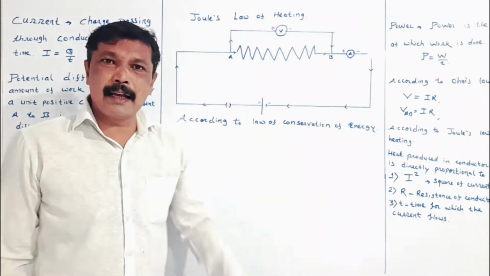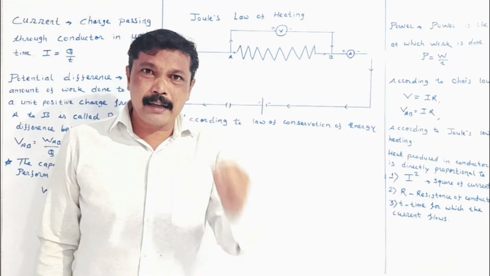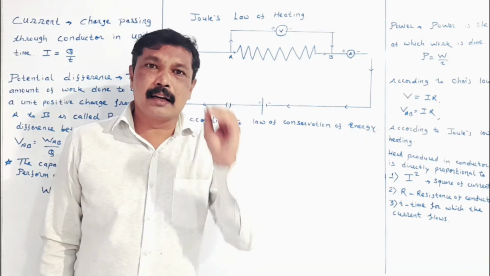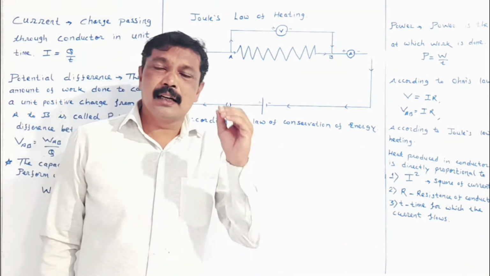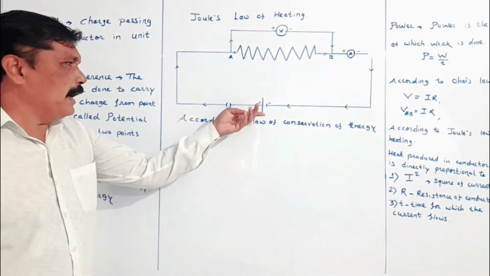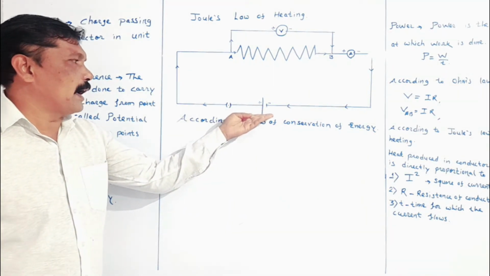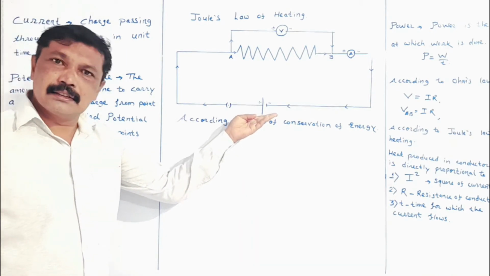In this circuit diagram, I have connected a potential difference to a conducting wire. The potential difference is a cell. In this diagram, this is the symbol of a cell.